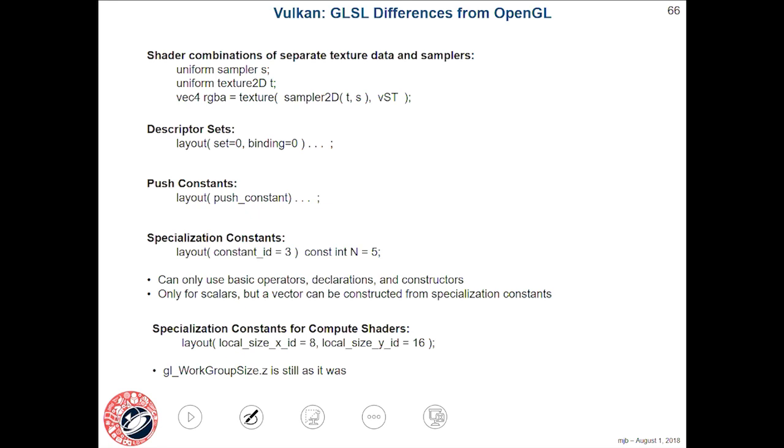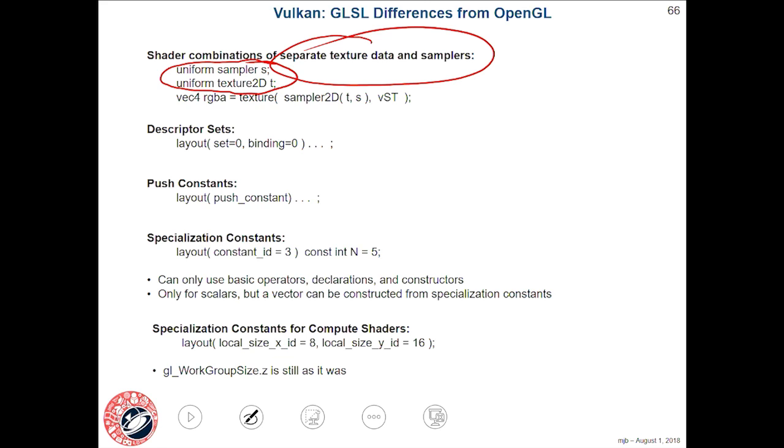In Vulkan, you can actually separate the shader data from the samplers. In OpenGL, you put the shader data and the sampler in one object that gets passed in. In Vulkan, you can actually separate them. You can have a sampler and a texture.